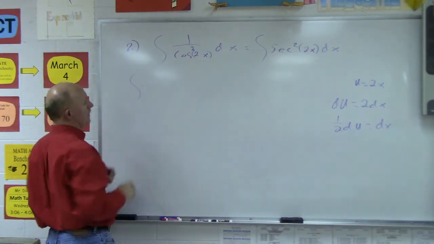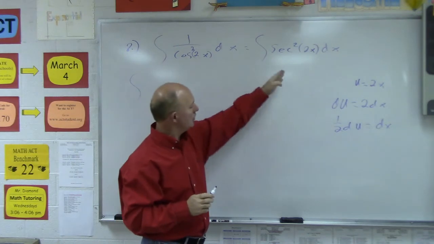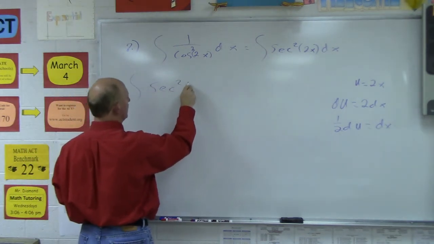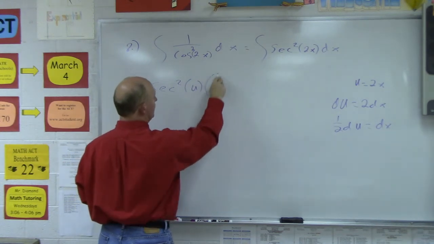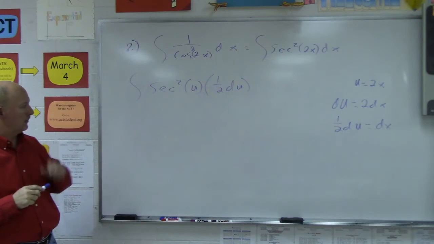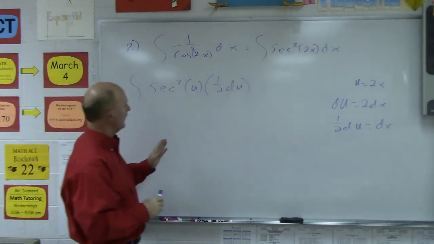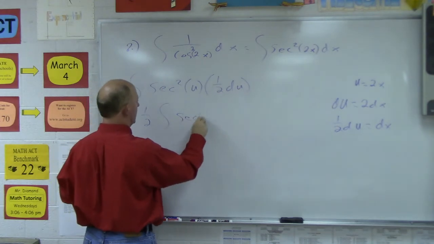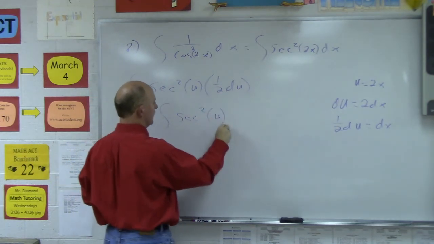Now let's rewrite our integral from an integral in terms of x to an integral in terms of u. This becomes secant squared u times 1/2 du. Now let's pull the 1/2 out front. This becomes 1/2 integral secant squared u du.